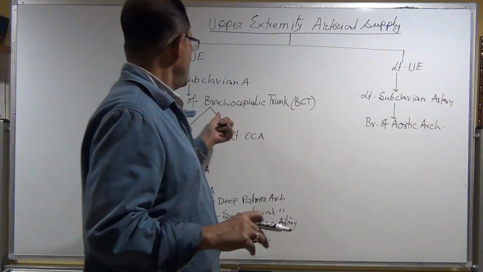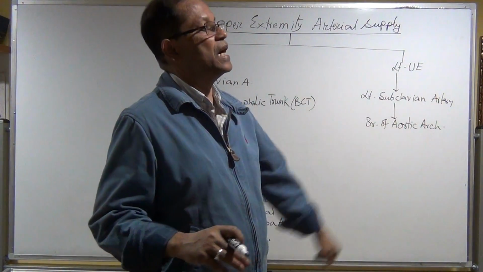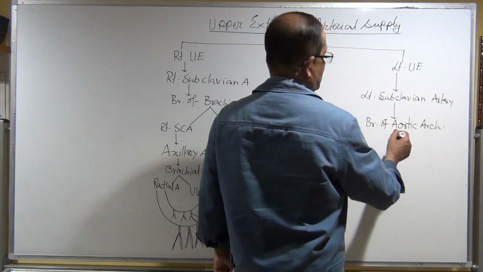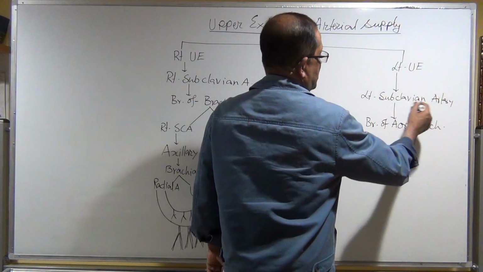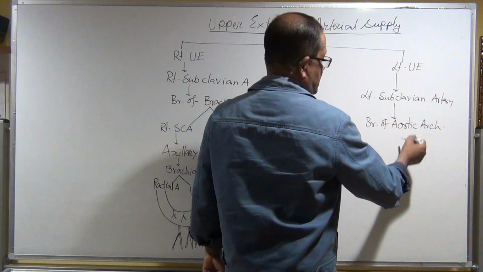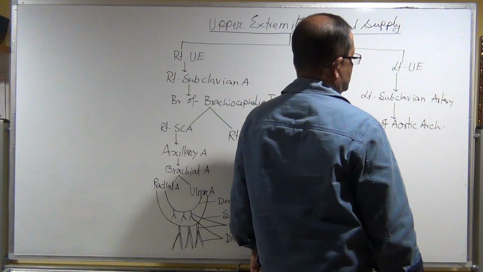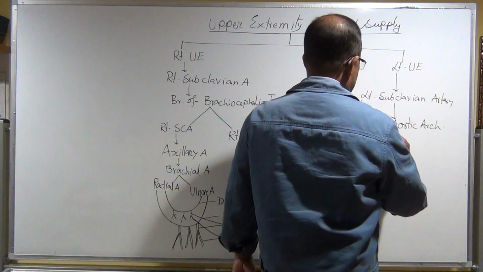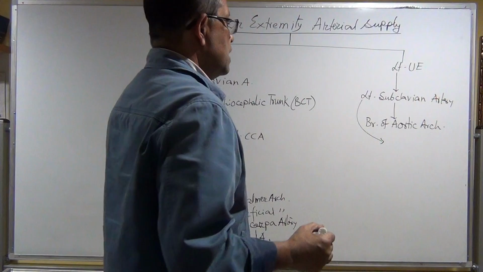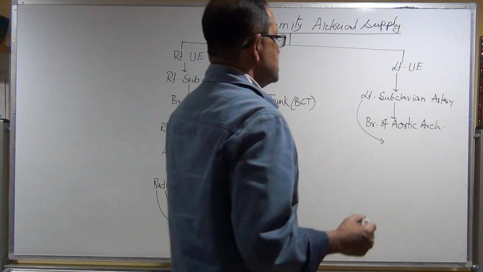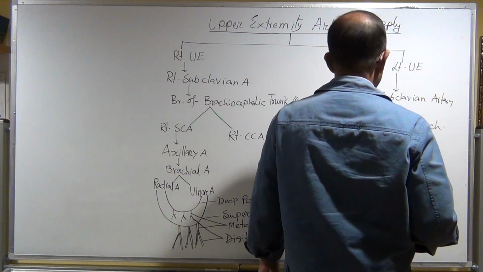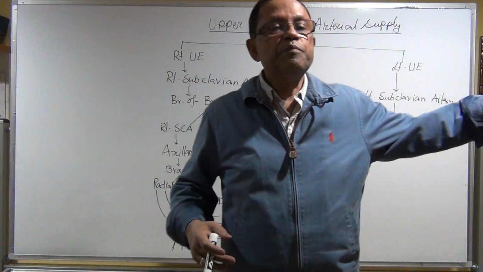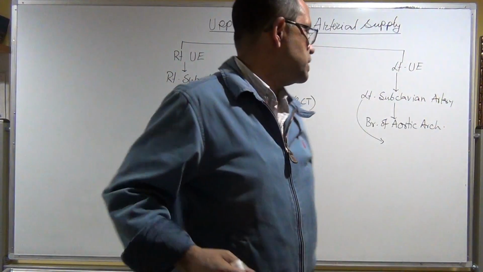And there is no left brachiocephalic trunk. So the left subclavian artery goes to supply the left side of the upper extremity.